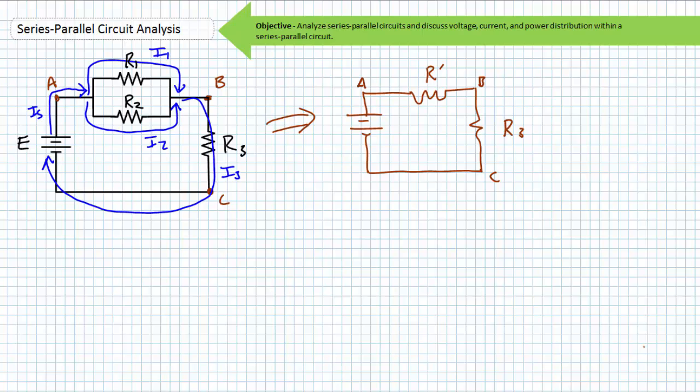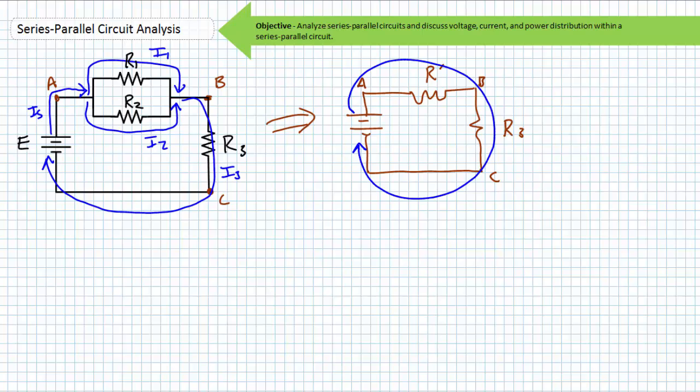Any further reduction of this circuit beyond this level of simplification is absolutely unnecessary. We have reduced this formerly series parallel circuit to a simple series circuit and can apply basic series properties. How would current through R prime compare to that of the current through R3? The current through elements hooked in series is the same.